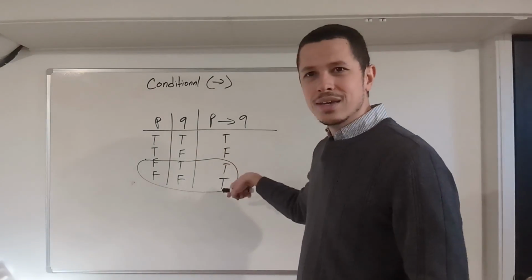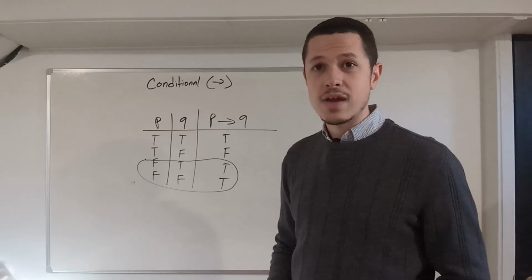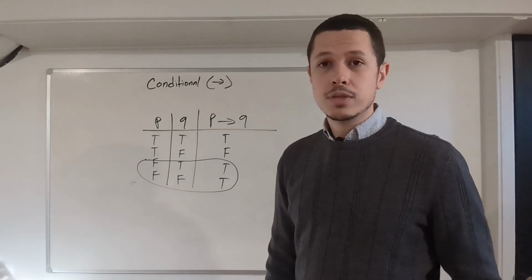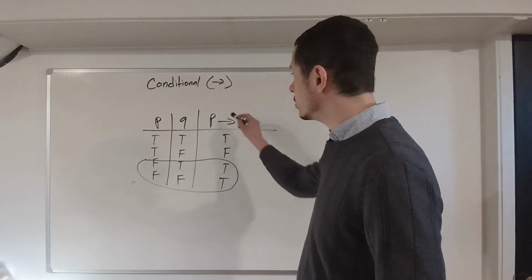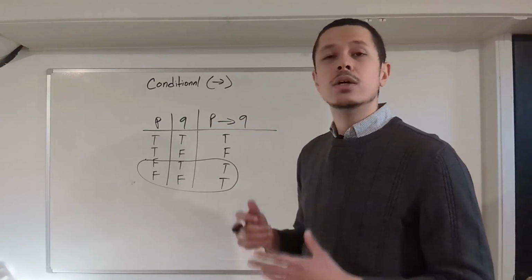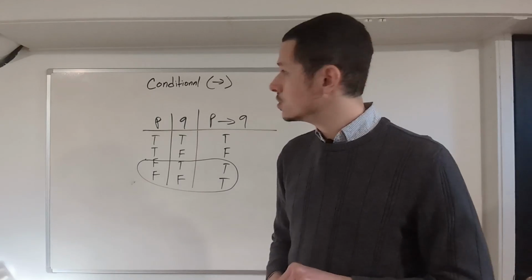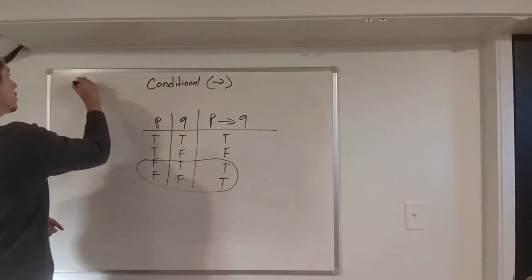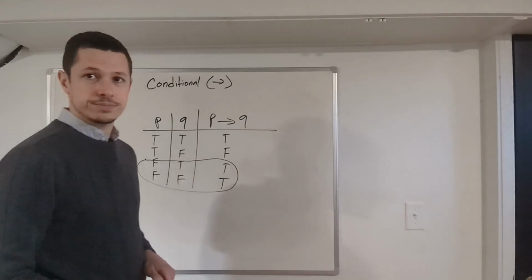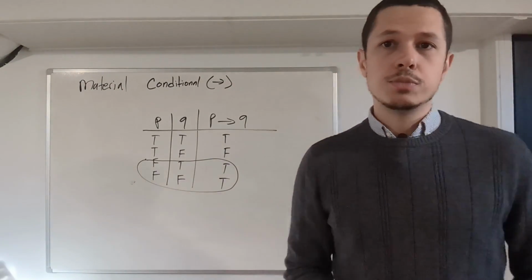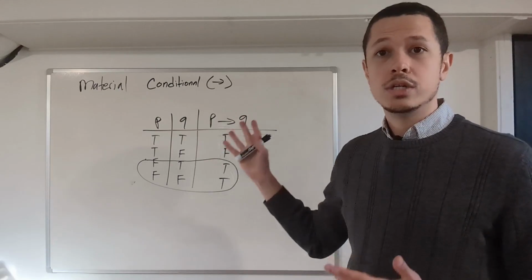So why do we end up with this bizarre series of truth values? I'm going to tell you something that I wish I had been told when I first learned about how the conditional gets evaluated here. You might notice that in your textbook, and your professors will do this as well, this is called the material conditional. This is not the natural language conditional.